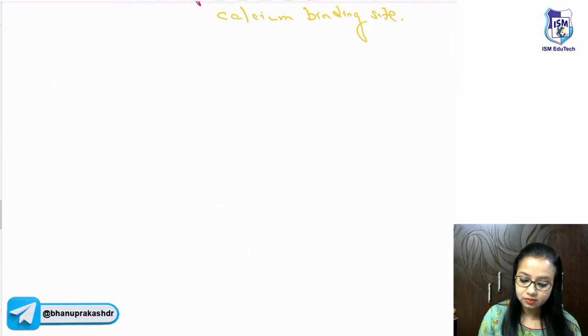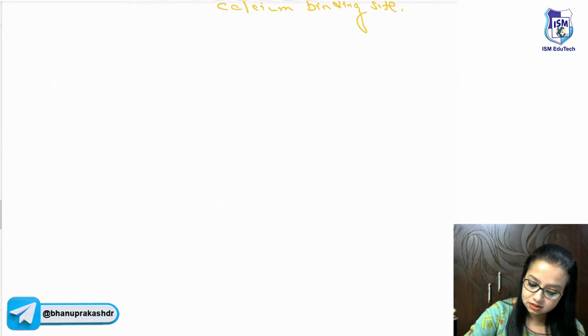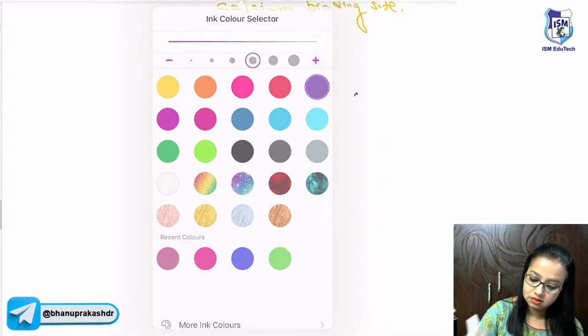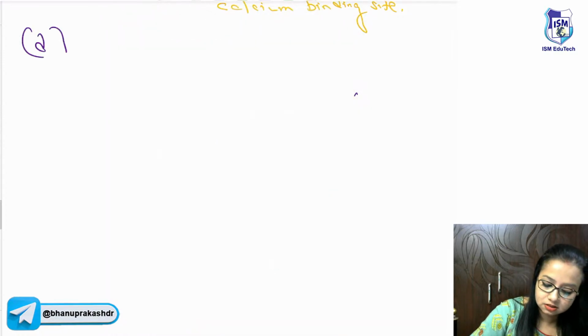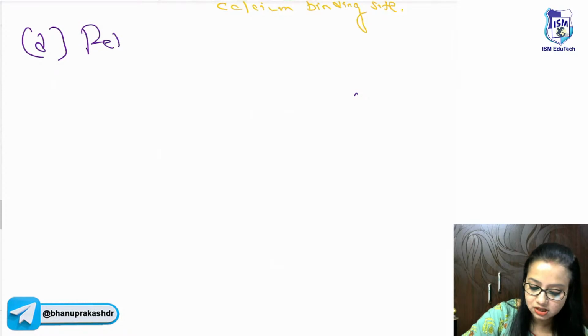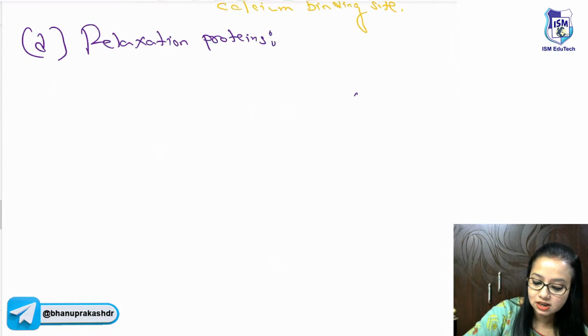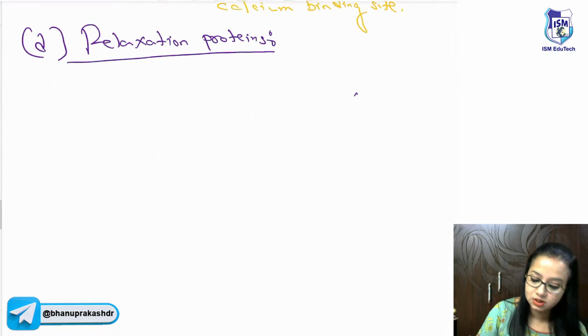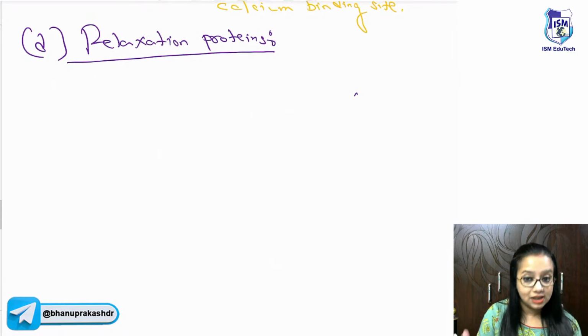Okay. Remaining is the relaxation protein. Lastly, now what are the relaxation proteins? Okay. To ensure relaxation and not too much contraction, not only the physical contact of the actin and myosin has to be removed.